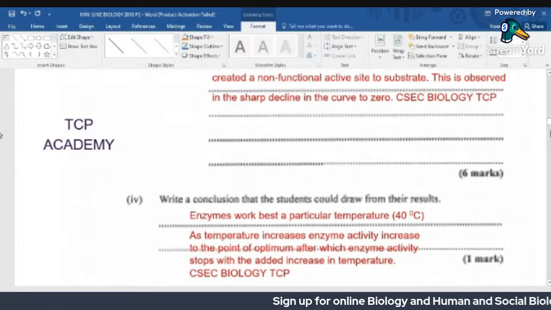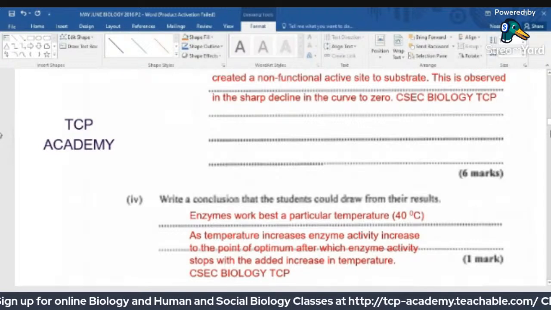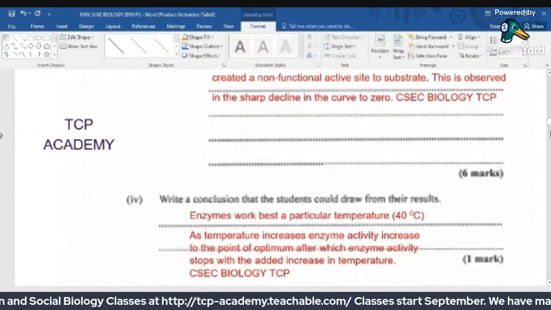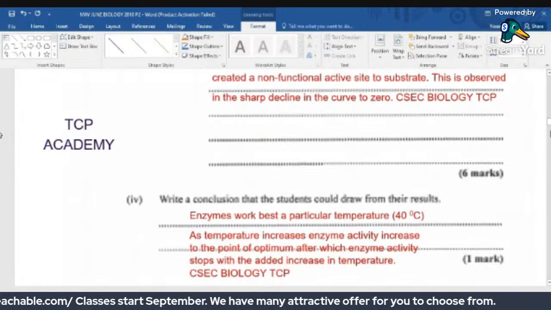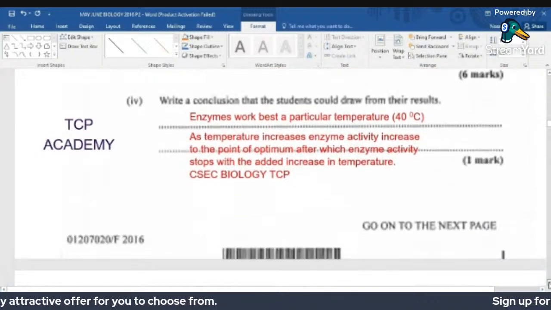So the conclusion that can be drawn is that enzymes work best at a particular temperature, and if we increase temperature on the enzyme, as it were here, the activity will increase, but it will get to a point where it will eventually stop as the enzymes are denatured. So pay attention to your conclusion there.